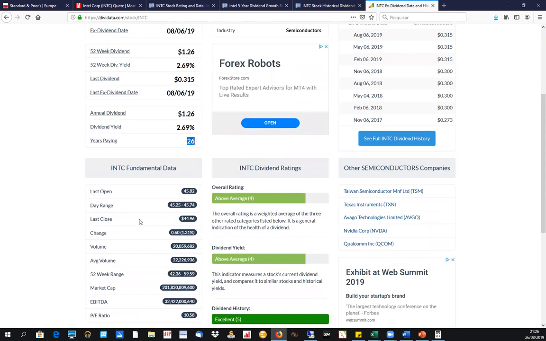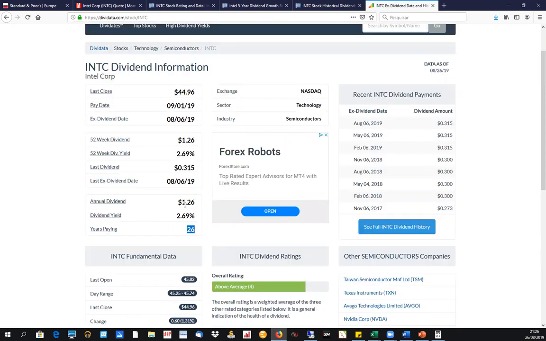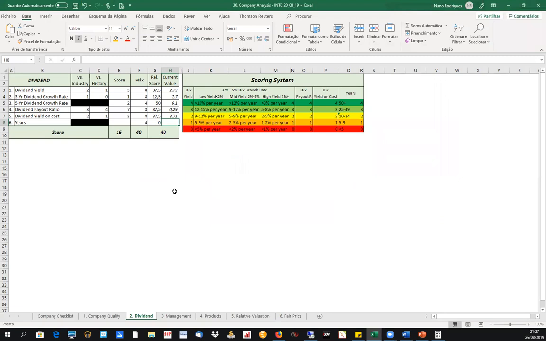We have the current dividend yield, the annual dividend, last dividend, and the ex-dividend date as well. So 26 years comes into the 25 to 49 years range, so we light green, and we will score this a 3.